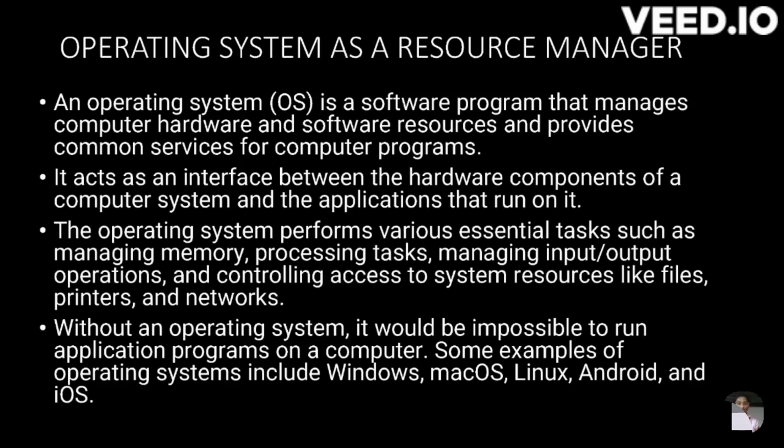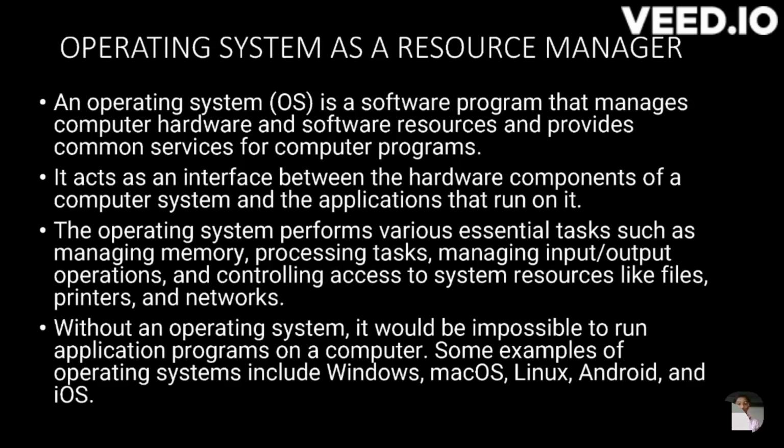An operating system, that is OS, is a software program that manages computer hardware and software resources and provides common services for the computer programs. It acts as an interface between the hardware components of the computer system and the applications that run on it.